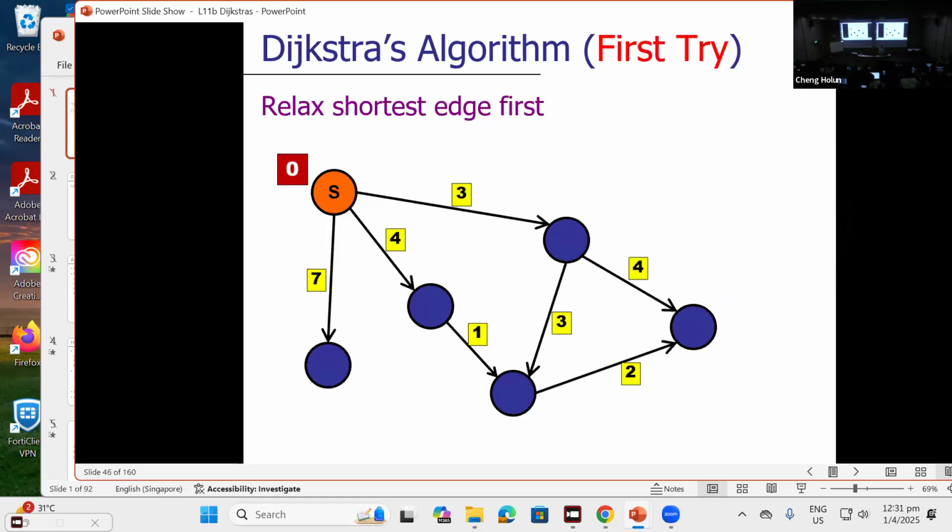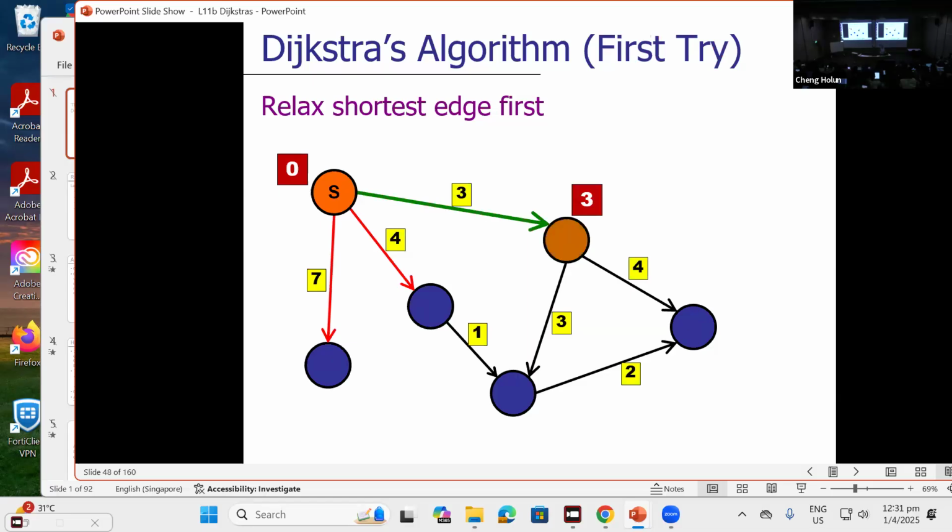Okay, so how do we relax? Because if we want to relax, there must be some order. Let's explore. Maybe among all the edges, can we relax the shortest edge first? For example, the shortest outgoing edge. For S, there are 3 edges: one is 3, one is 4, and one is 7. Let me relax 3.